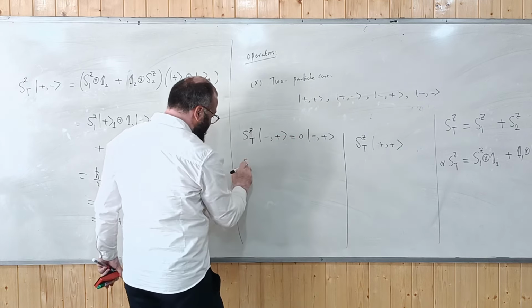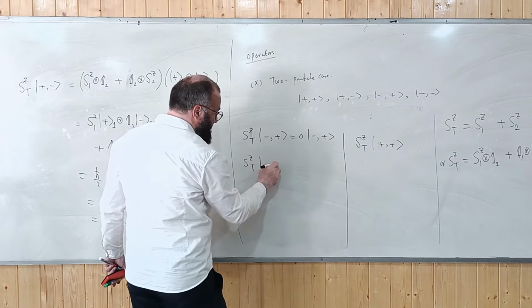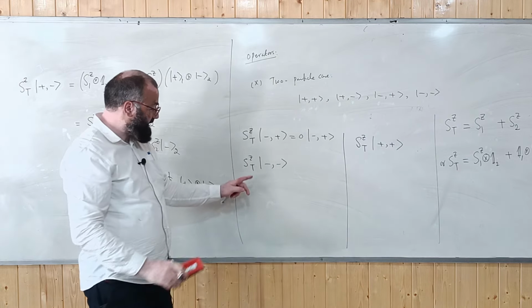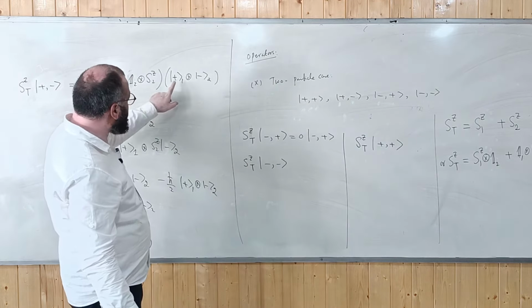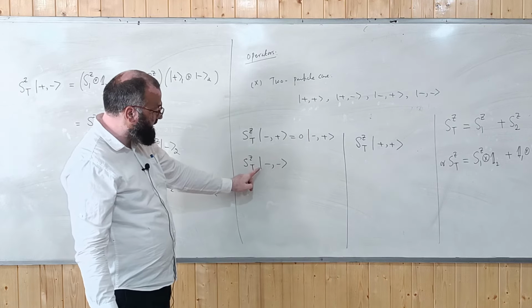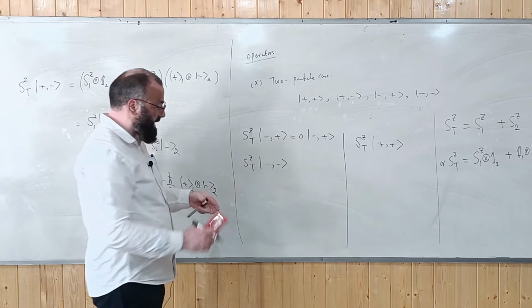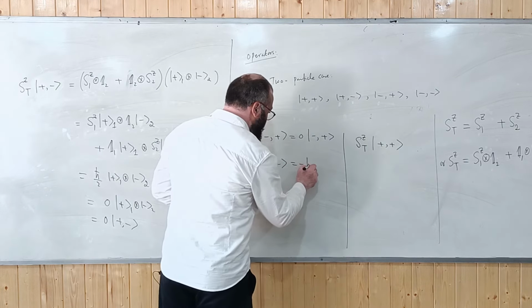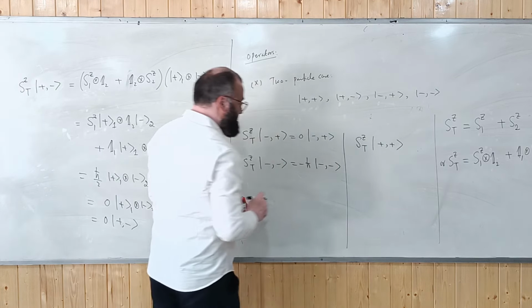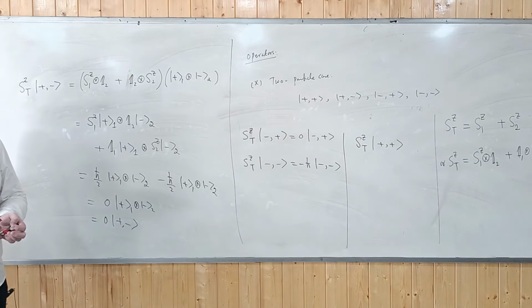Clear? Now let's write S_Z total acting on this minus and minus. Now when the first S_Z acts on minus, it will give you minus H cross by 2. And in the second term, it will also give you minus H cross by 2. So it is minus H cross, minus minus. Clear? So this is how you can figure out.